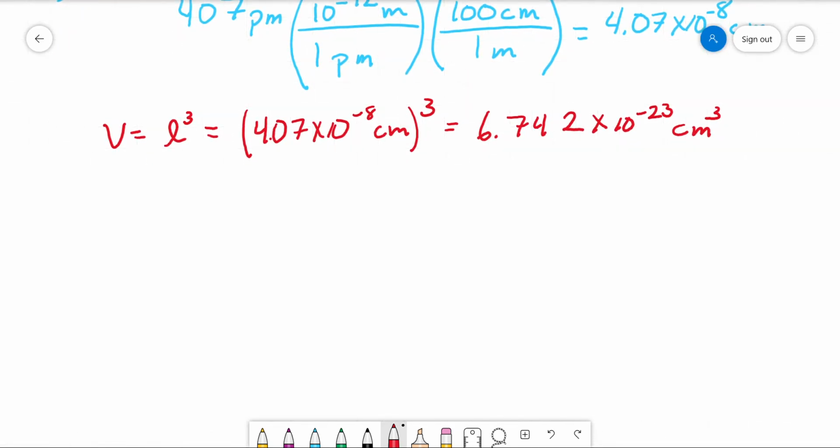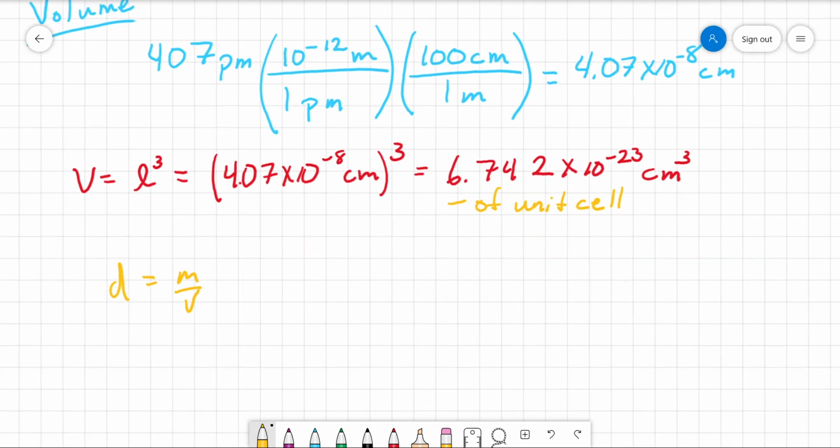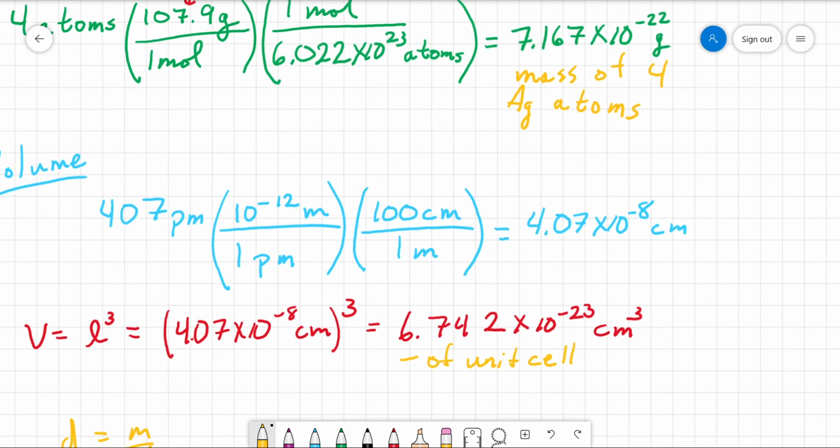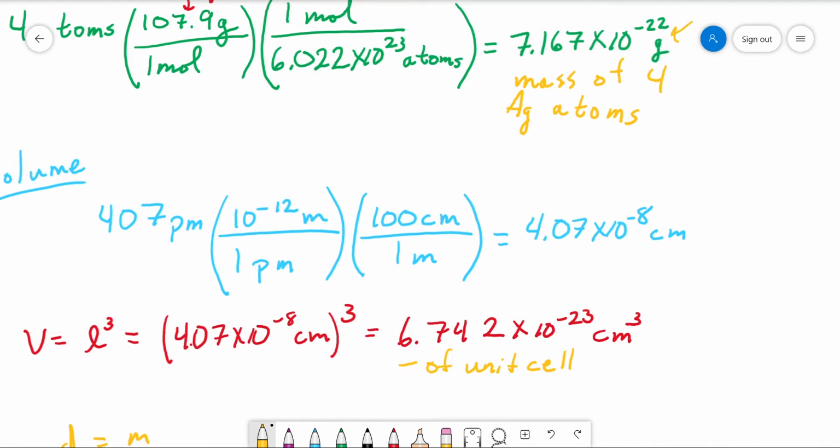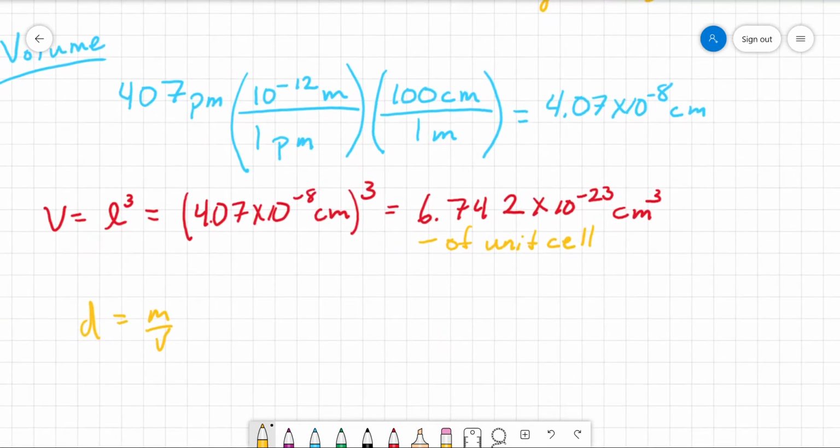Okay, now all we need to do is calculate our density. And by the way, this is the volume of the unit cell. Okay, density is equal to mass over volume. All we have to do is take our mass, which is up here, divided by our volume.